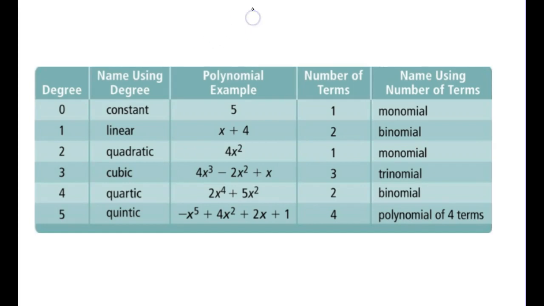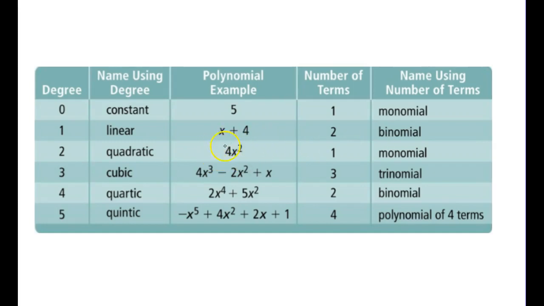If we look at the degree, the exponent on our variable is going to be 1. If it's not written in, it's understood to be 1. So if the degree is 1, we call that a linear function. We have one addition sign separating two terms. If we have two terms, we're going to call that a binomial. Bi means 2, nomial means terms, 2 terms.